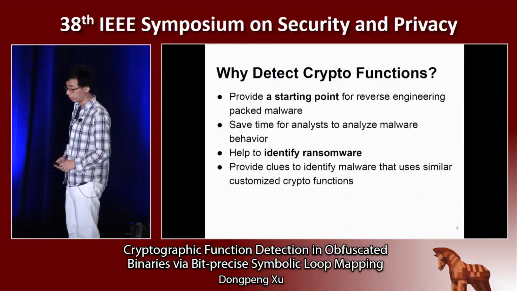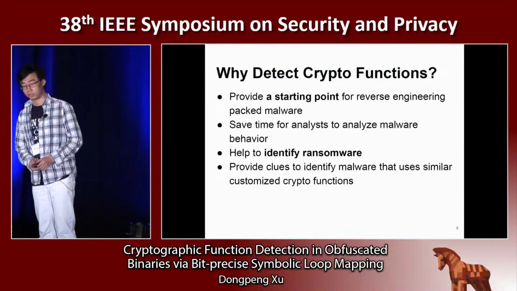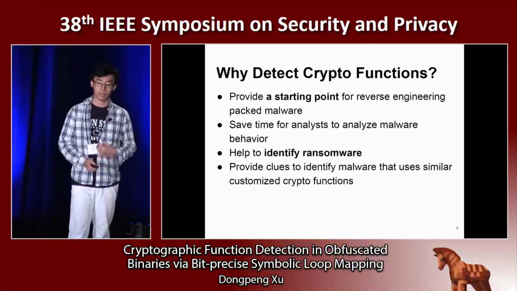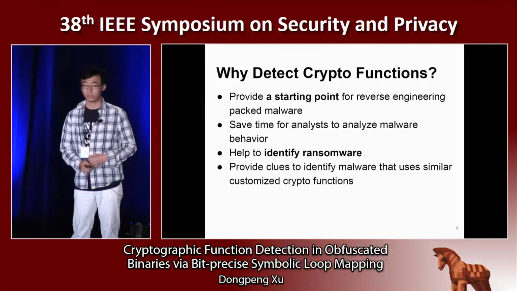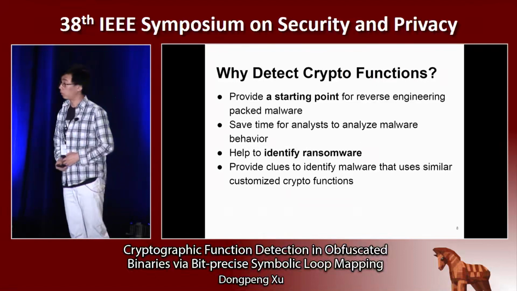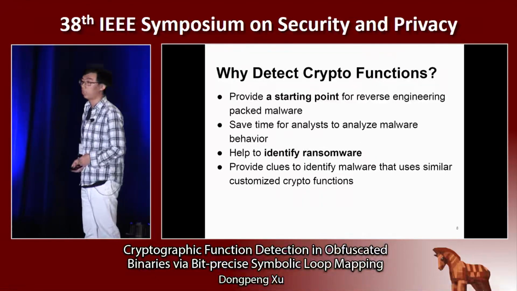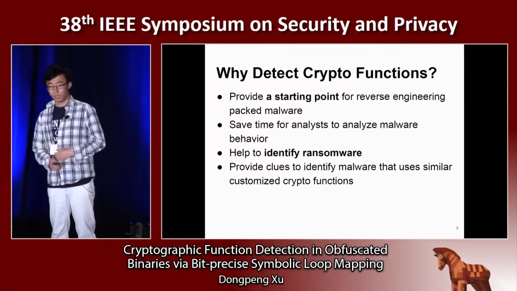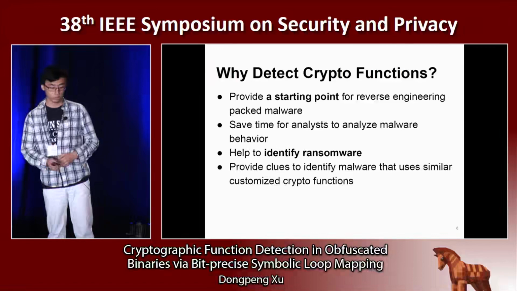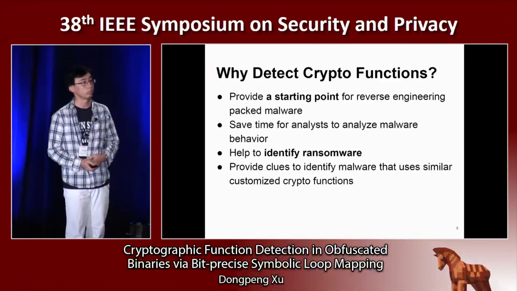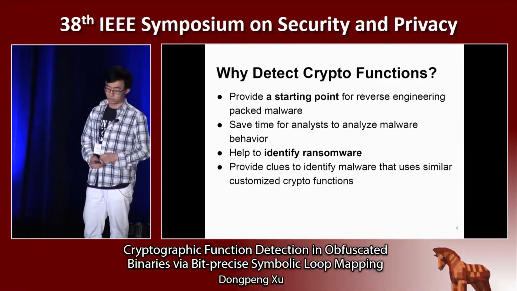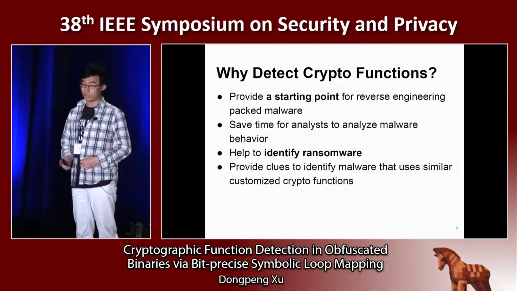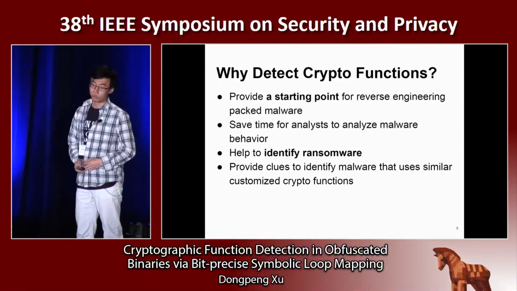Generally speaking, there are several advantages. First, crypto function detection can provide a starting point for reverse engineering packed malware, because the true malware behavior will happen after the decryption procedure. Second, security analysts usually want to pay attention to the true malware behavior, not the unrelated encryption and decryption functions.